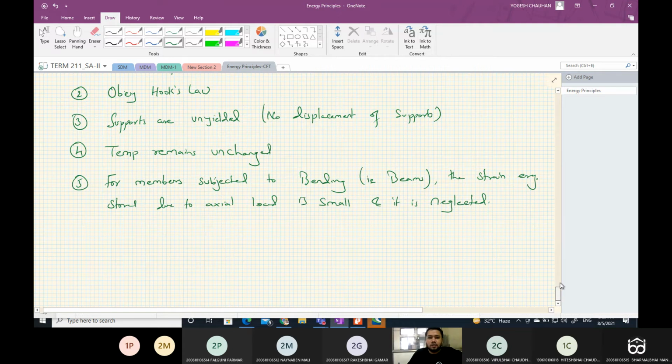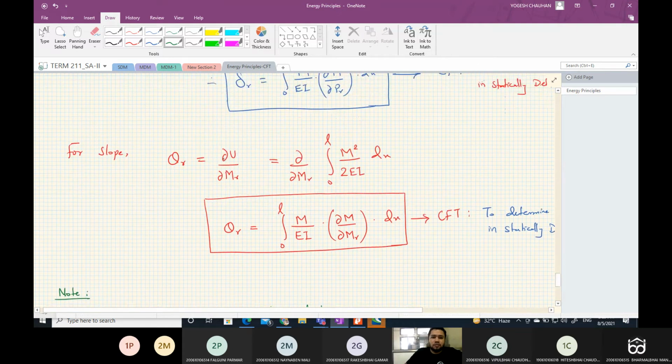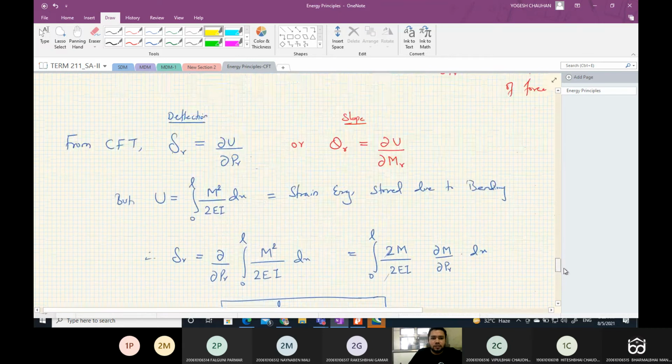So here in this expression, the strain energy we are considering is purely due to bending only.